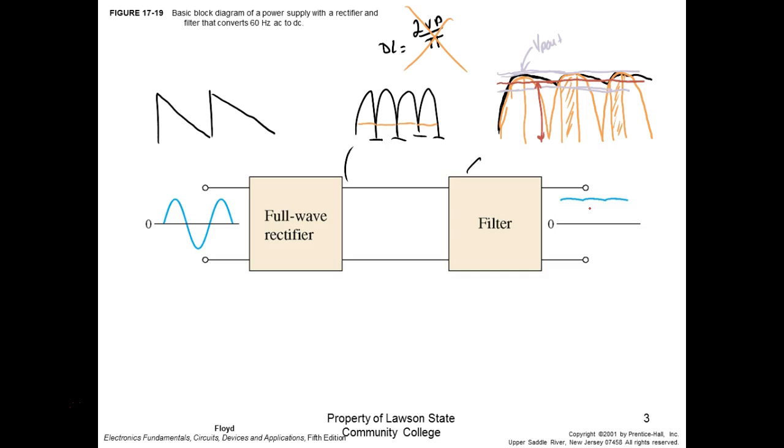Because the negatives and the positives are going to cancel each other out, right? It's just like a sine wave. A sine wave is averaged right in the center. So if I was to take a DC, and then superimpose a sine wave on top of that DC, and I measured DC with my meter, it'd measure right there.